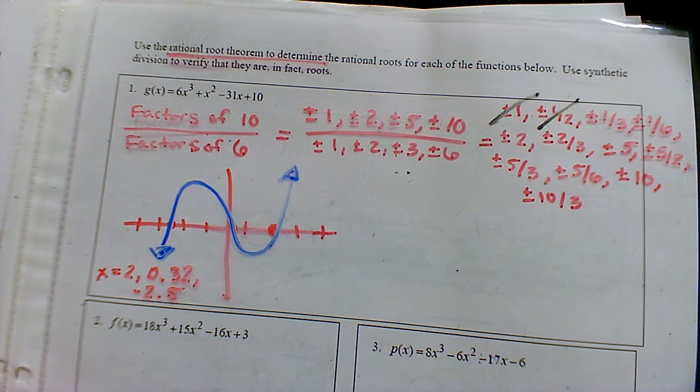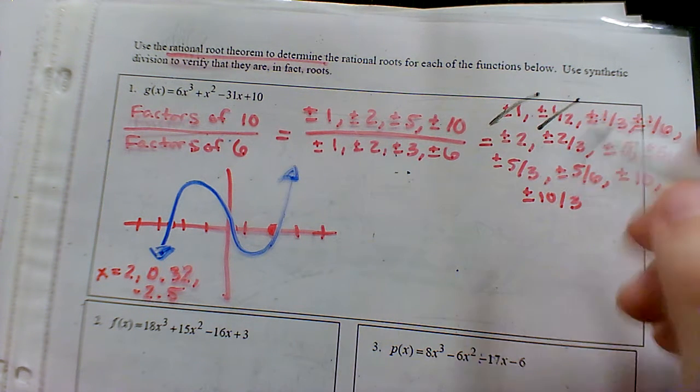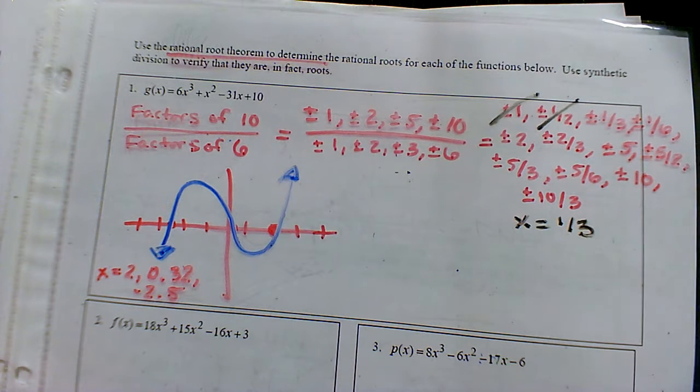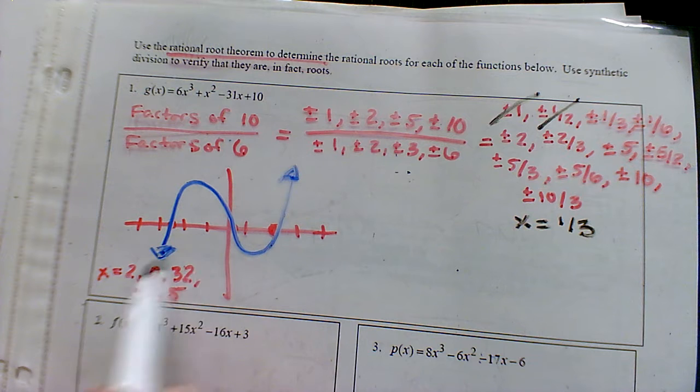What's 1/3 as a decimal? Yeah, 0.3 repeating, 0.33333. And notice how this one was pretty close, right? 0.32. So maybe we'll say that we need a positive 1/3 based off of this one that we identified from the calculator.